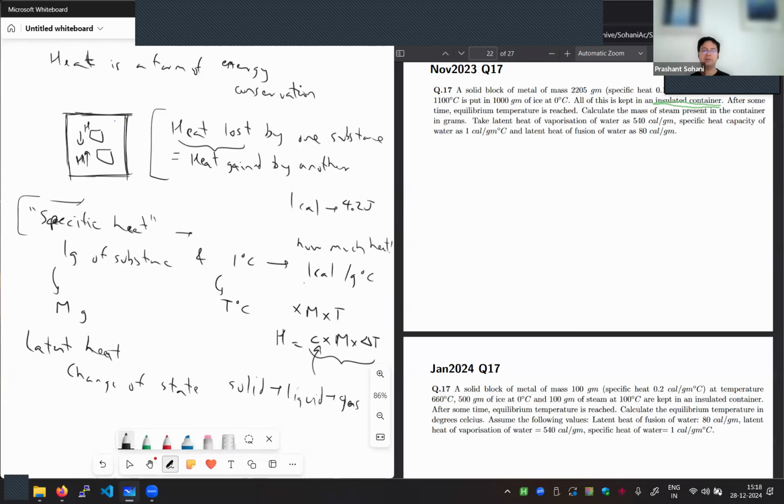But basically, when ice is melting to become water, it does not immediately change state. It has to first completely melt. It has to absorb enough energy to become water from ice, and only after that will it start increasing in temperature. And the same goes for water to steam. That is what is called latent heat.